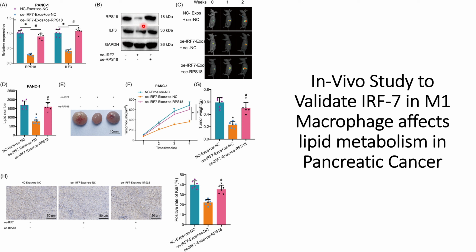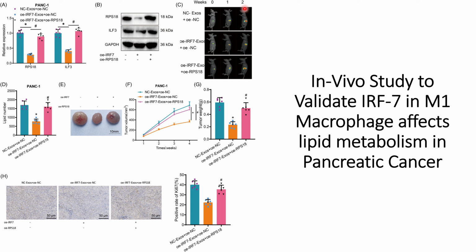Once they overexpress IRF7, not knockdown, they see the reduction in RPS18, since IRF7 regulates RPS18, and once RPS18 is reduced, they also see the reduction in ILF3 compared to the wild type. And when they overexpress RPS18, the RPS18 levels are high because it has been overexpressed through the lentivirus, and the overexpression of RPS18 will cause overexpression of ILF3. That is also shown in this figure.